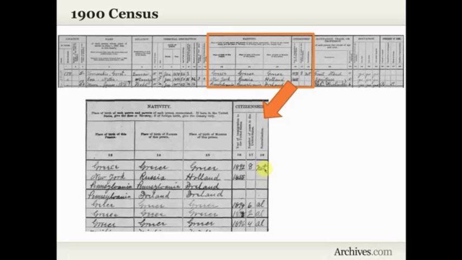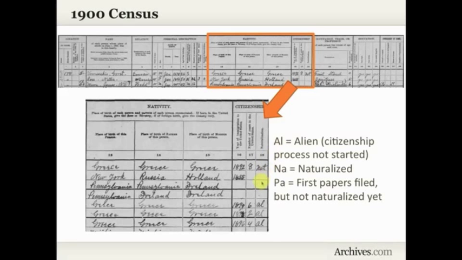Now, you'll see different values here in this naturalization column. You could see AL, like we have down here. This was an abbreviation that they used for alien, meaning that the citizenship process had not started. Sometimes you will see NA or NAT, which means that the person was naturalized.